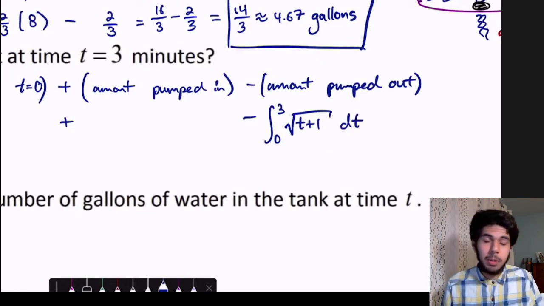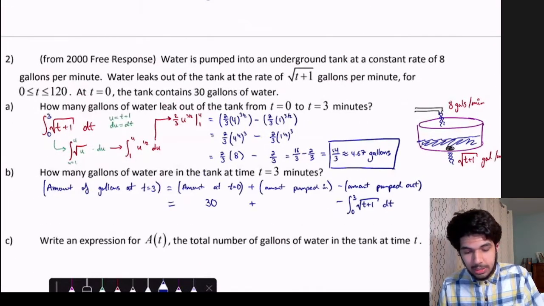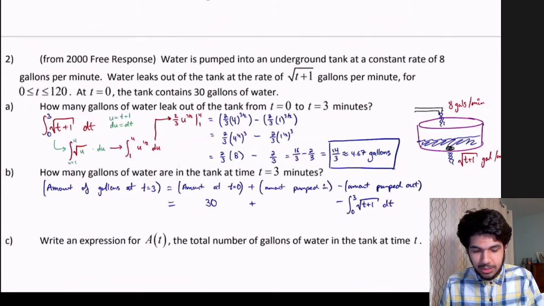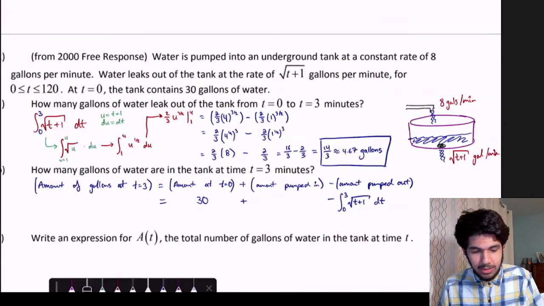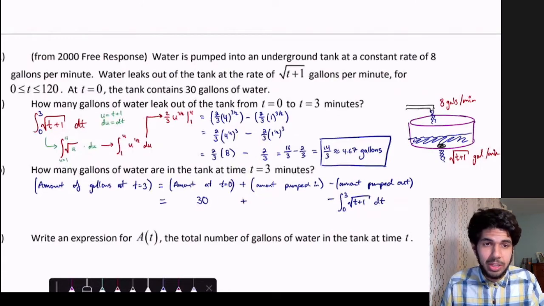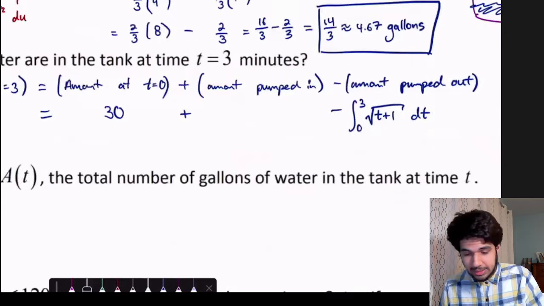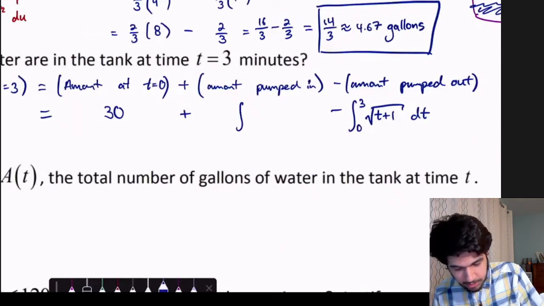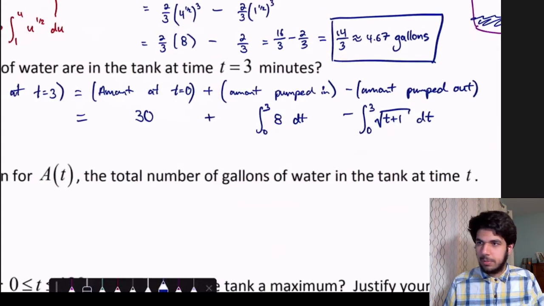And then for amount pumped in, we'll do the same thing. We're given that as a function. It's pumped into an underground tank at a constant rate of 8 gallons per minute. Right, so that's also a rate, similar to square root of t plus 1. So we'll do the exact same thing. Integral of 8 dt from 0 to 3. Okay, so that's what we're looking for here.